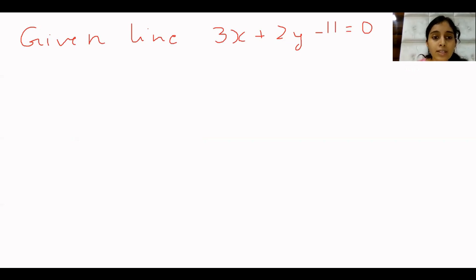Now each of the lines that are passing through the origin is making the same angle, 30 degrees.